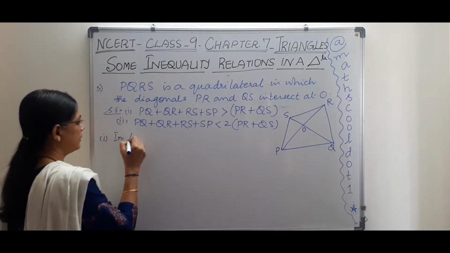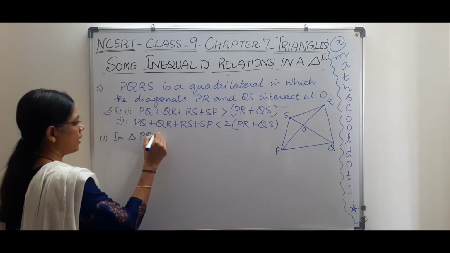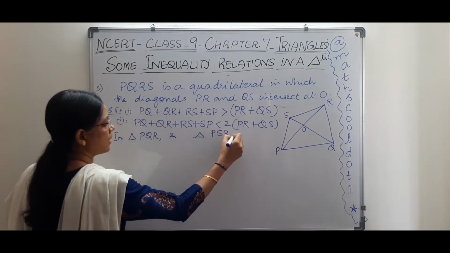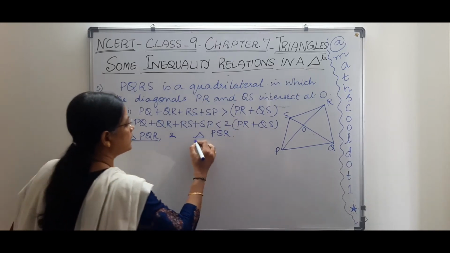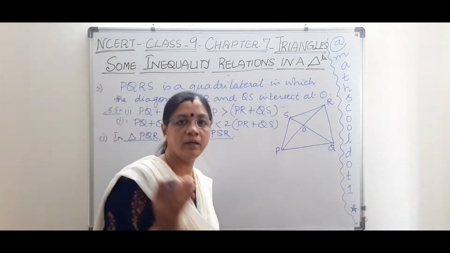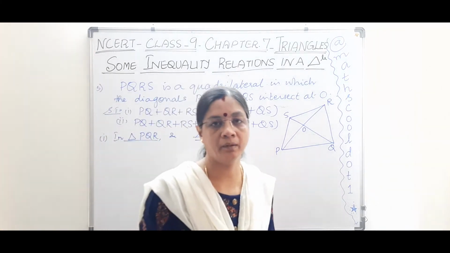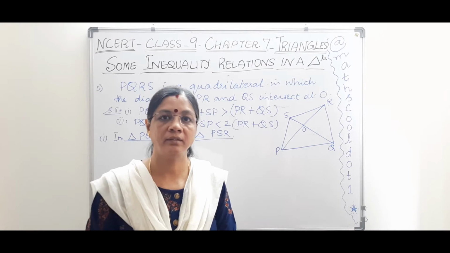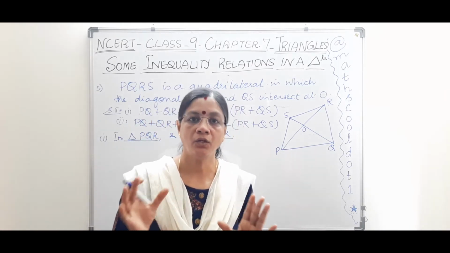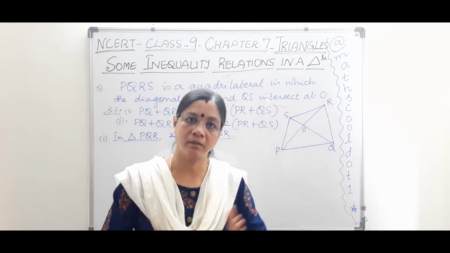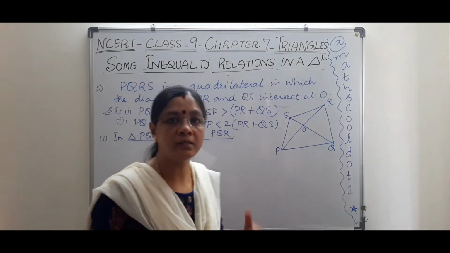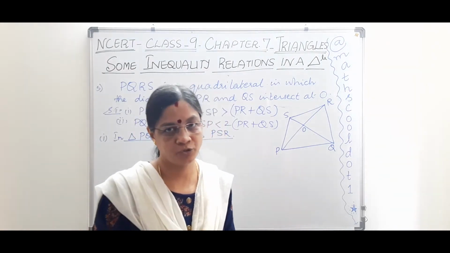In triangle PQR and triangle PSR, for our convenience, taken like this. Now we have already done an inequality relation regarding triangles, that is, the sum of any two sides of a triangle is greater than the third side, right? We have proved that too. So now using that inequality relation, we are going to prove this.